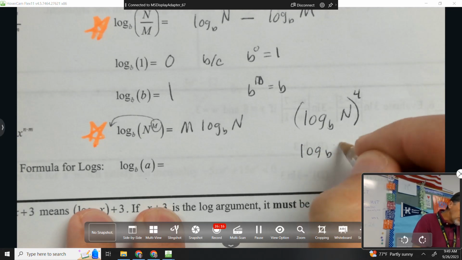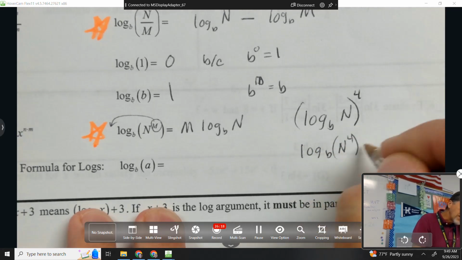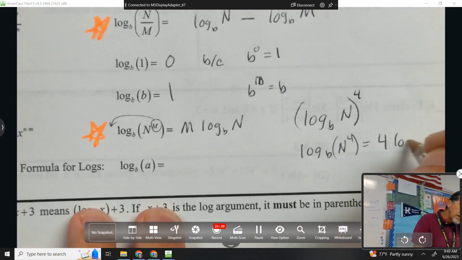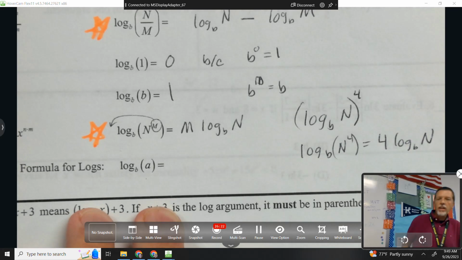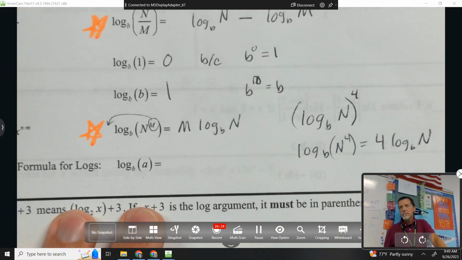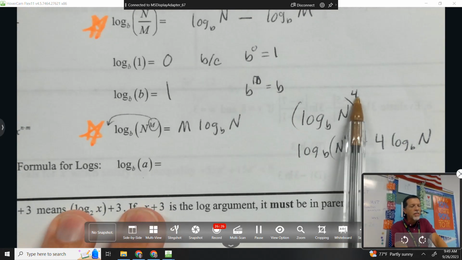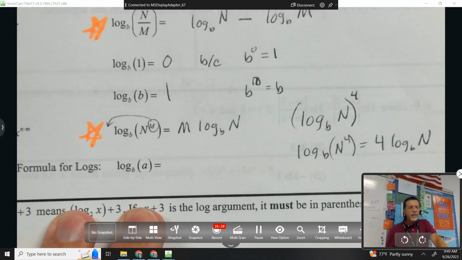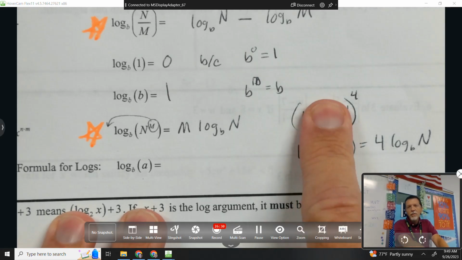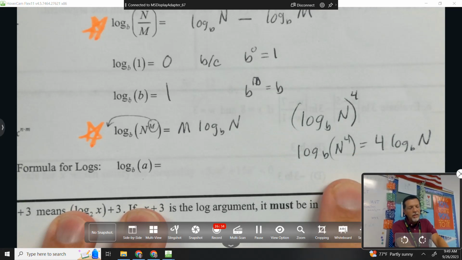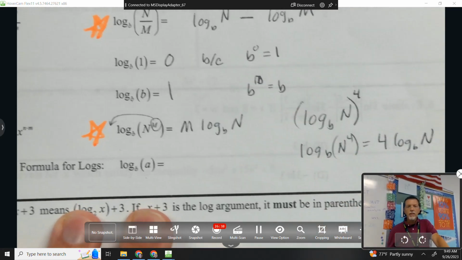But if the 4 is on the end, like what we're taking the log of, then it can come down front. So that's what gets people in trouble. They try to put that 4 down front. No, you can't. If you got something raised to the fourth, you can't just move the 4 in front. But the log property is, if you're taking the log of something to the fourth, you can move the 4 to the front.